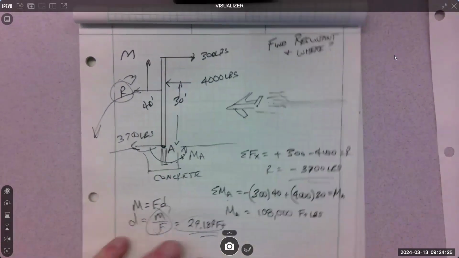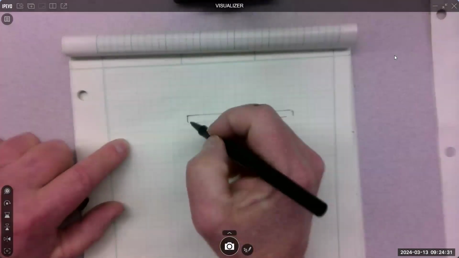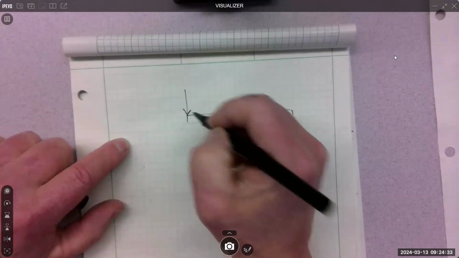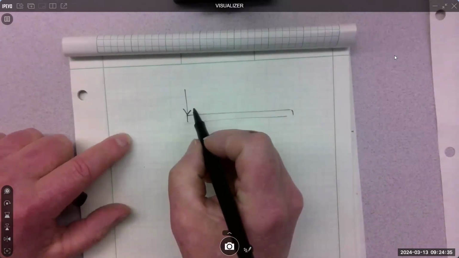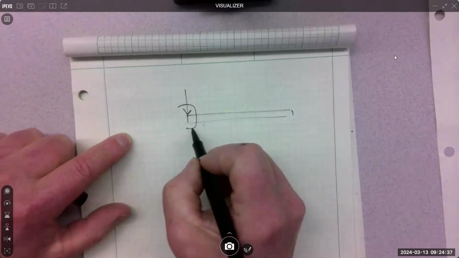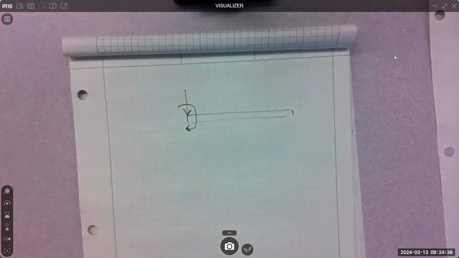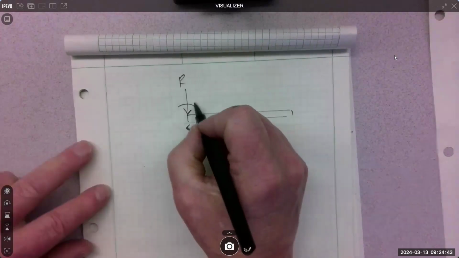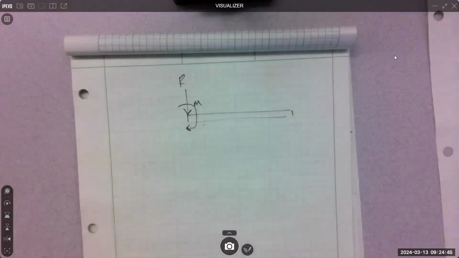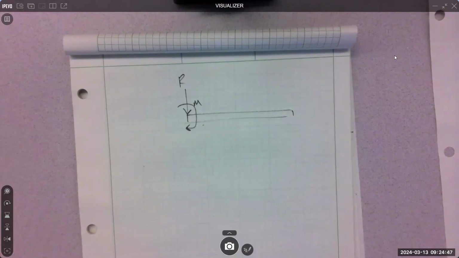So if you have a horizontal problem and you end up with this and this, your resultant is this, and your moment is this. Where does the force have to go, to the right or to the left?